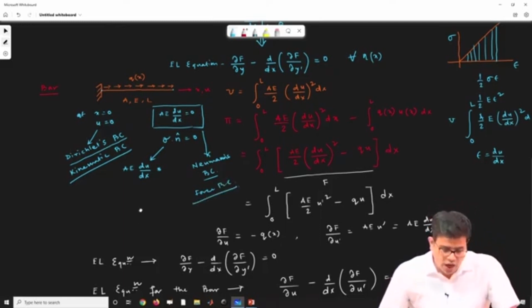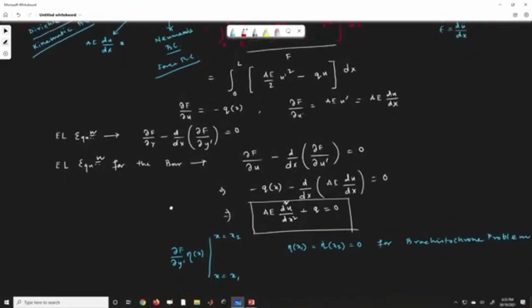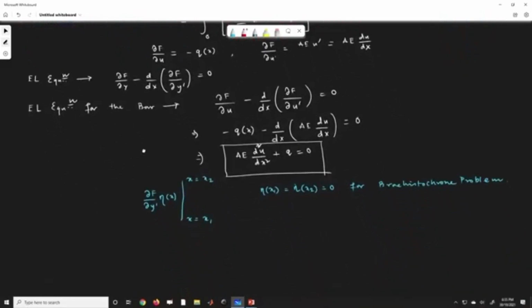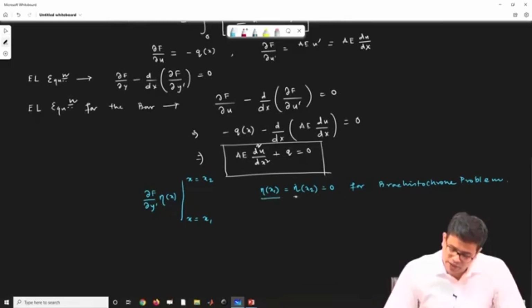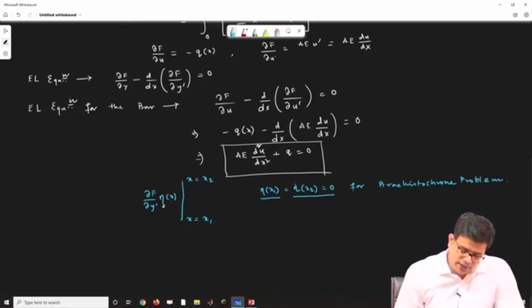Now see our admissibility criteria again. This was the admissibility criteria for my Brachistochrone problem, but here the admissibility criteria is a little bit different. Eta x is specified at x equals x1, which is 0 here.